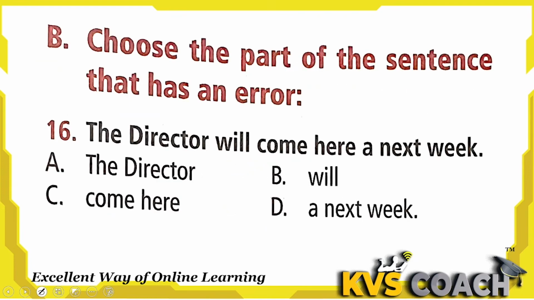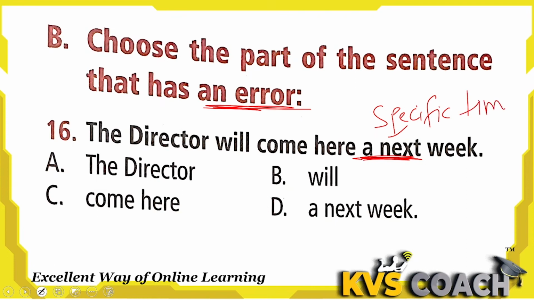Next, choose the part of the sentence which has an error. We have to find the error. Question number 16. The director will come here next week. Look, this is the wrong part. Next week is already a specific time, so we don't need to use an article here.